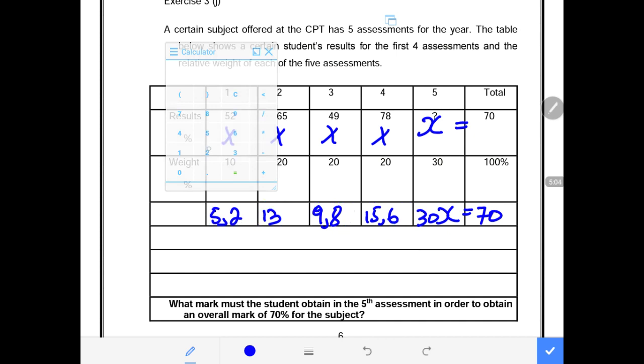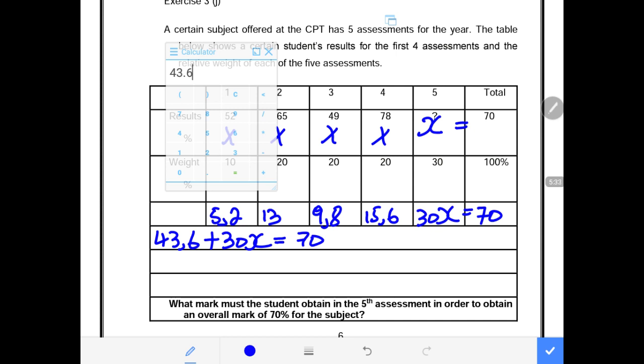So we have 5.2 plus 13 plus 9.8 plus 15.6 equals 43.6, plus 30x is equal to 70.